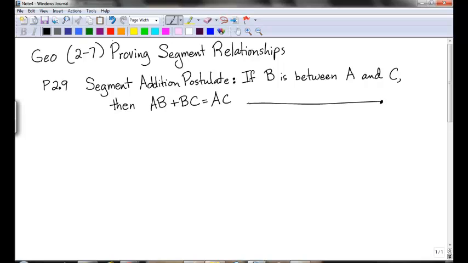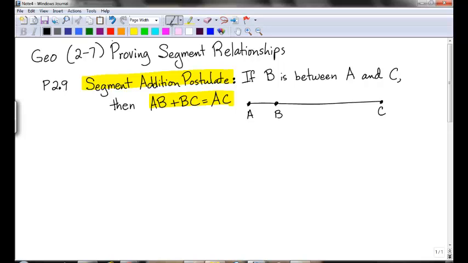This is what the picture would look like. If I said this is A and point B is here and point C is here. If B is between A and C, then the measure, and without that segment line above it, it's basically talking the measure. The measure of AB plus the measure of BC equals the measure of AC. And that's the special name for segment addition. Okay?